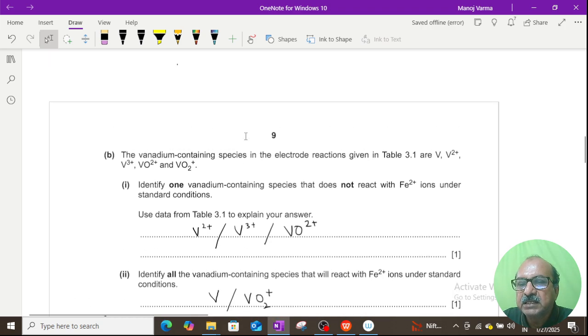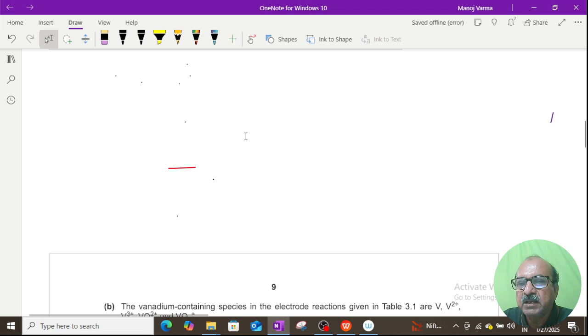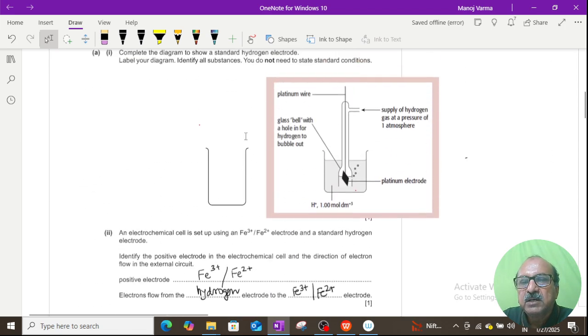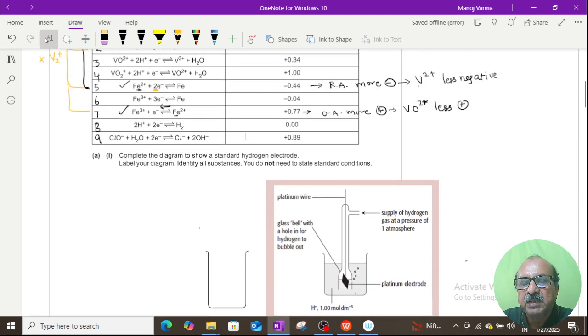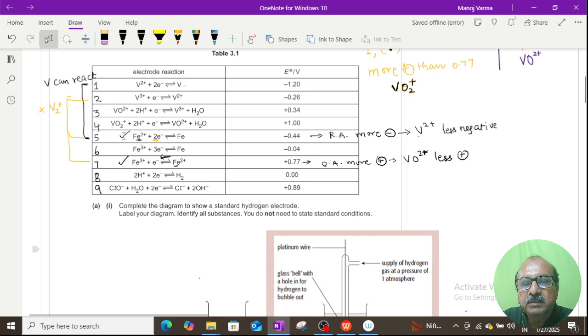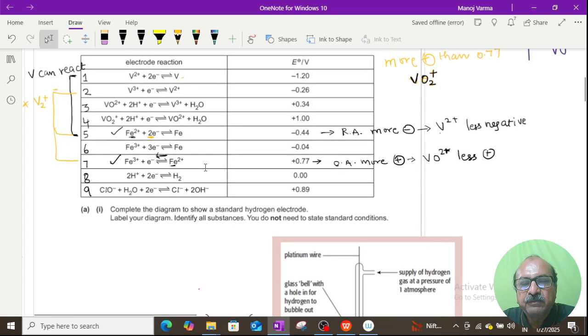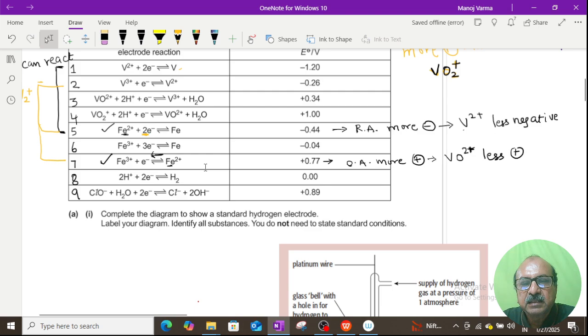Now this is a challenging question and I'll go slowly over the answer. So if you look at this table, then the reaction number 5 and the reaction number 7 actually include your Fe2+.